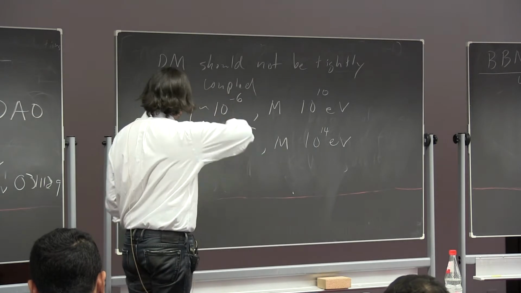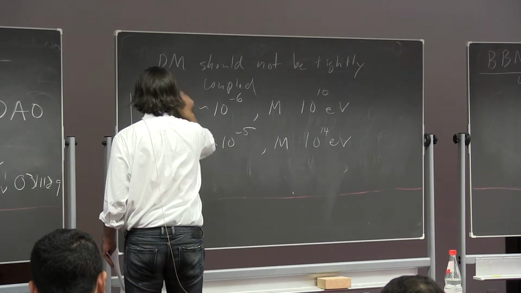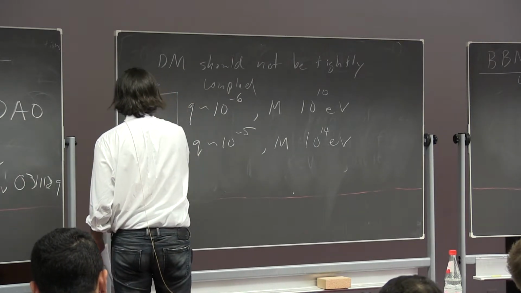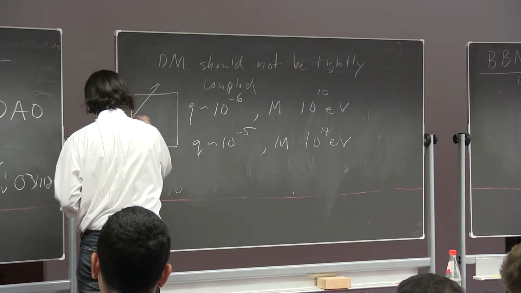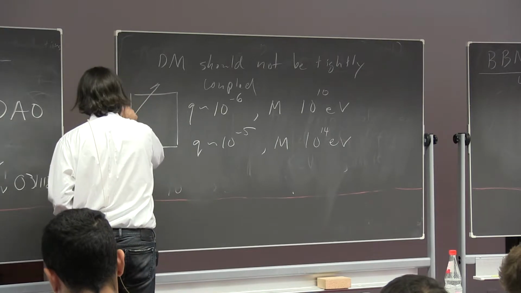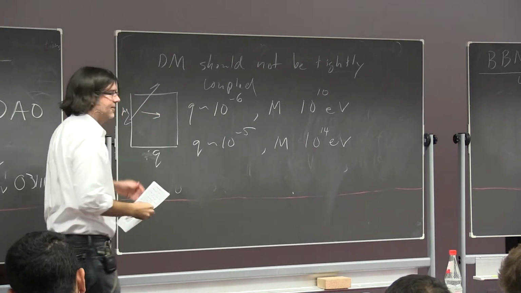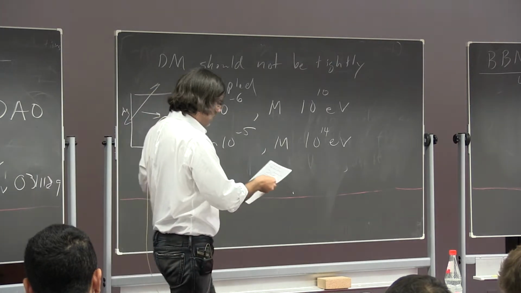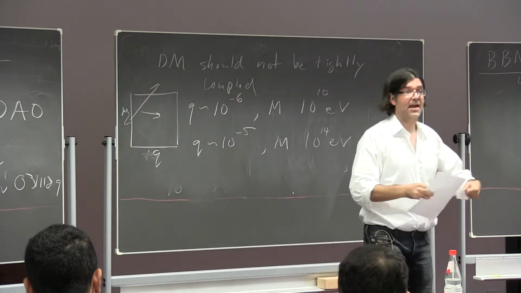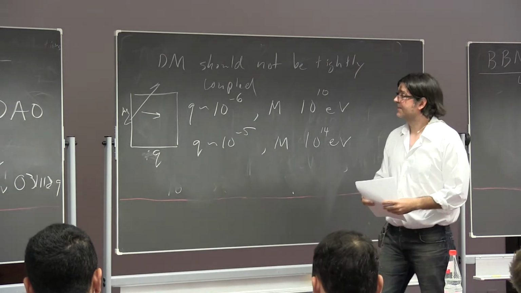And there's sort of a line that does that on the charge-mass plane. So everything on this side of that, if you've got a charge which is larger than that, or you have a mass which is lighter than that, then you'll be tightly coupled to the photon bath, and that will be excluded. Okay?